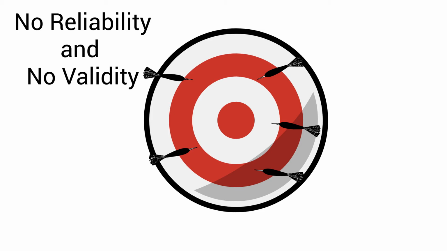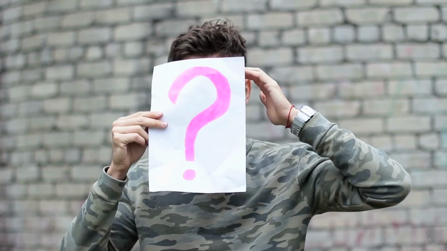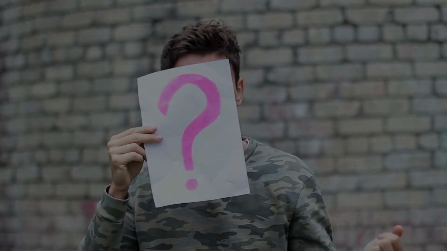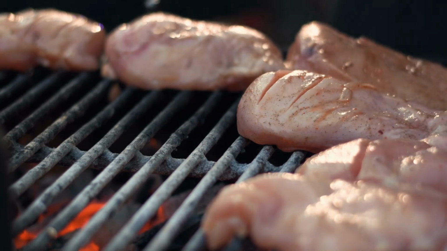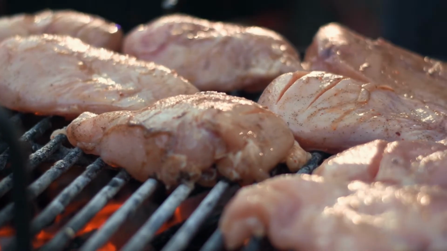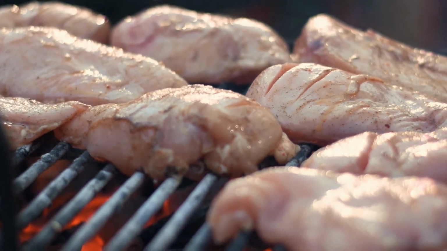So why is validity a problem? Well, what do these results mean? As far as I can tell, they are simply random numbers and do not really mean anything. Also, if I choose to interpret these numbers as a sign of the chicken's temperature, then this is obviously going to be problematic. I'm going to end up with overcooked or undercooked chicken.